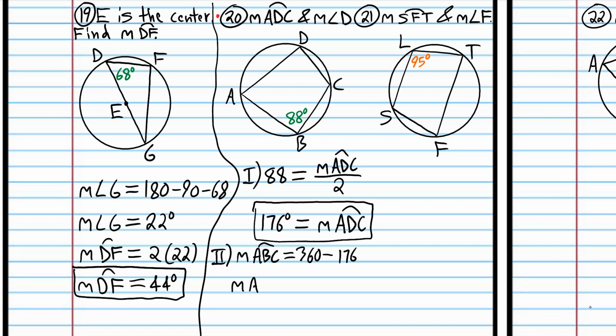So the measure of arc ABC is equal to, and you can do that in your calculator if you want, 360 minus 176 is equal to 184 degrees.